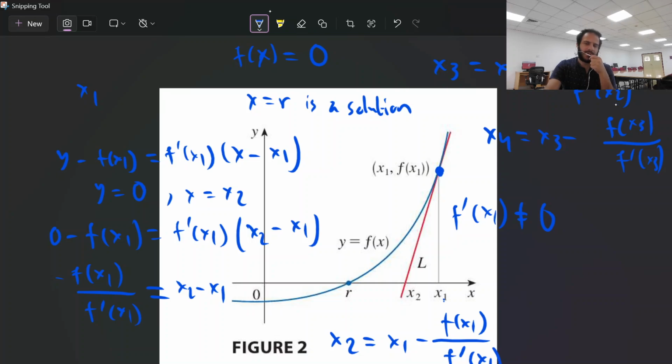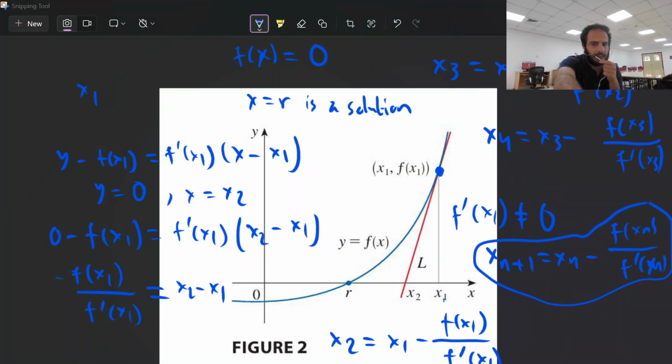So f'(x2) is not 0, f'(x3) is not 0. Now, in general, what's the formula? x(n+1) equals xn minus f(xn) over f'(xn). So this is the general formula. The whole section, I mean Newton's method, is just about this formula. So we will start solving equations using this formula.